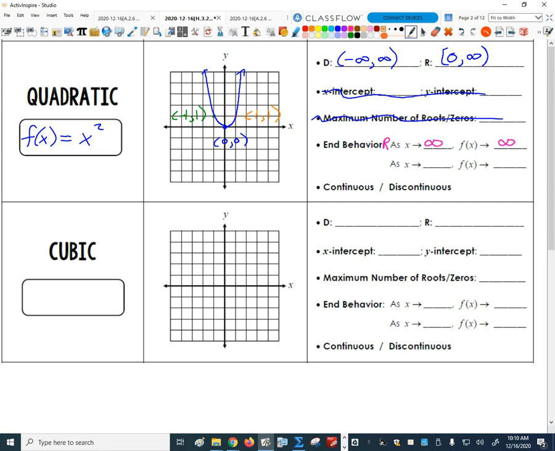What am I going to get for that one? As x approaches negative infinity. Very good. F of x approaches infinity. Good. And is this function continuous or discontinuous?